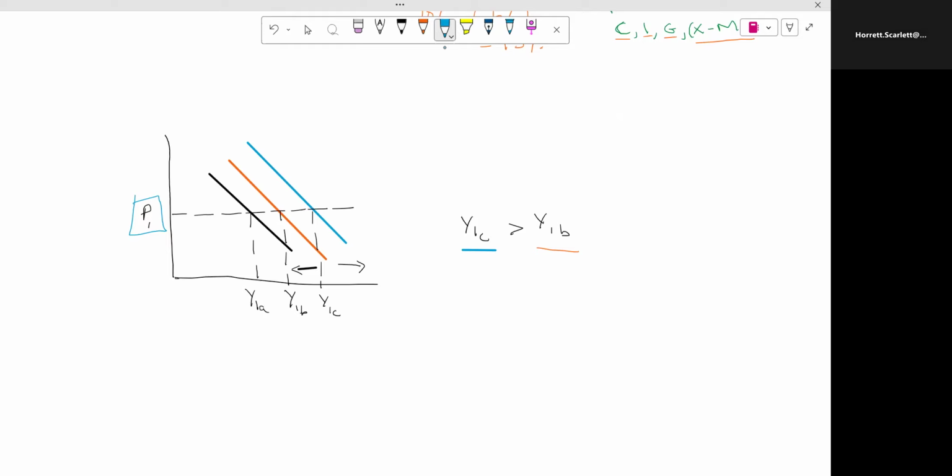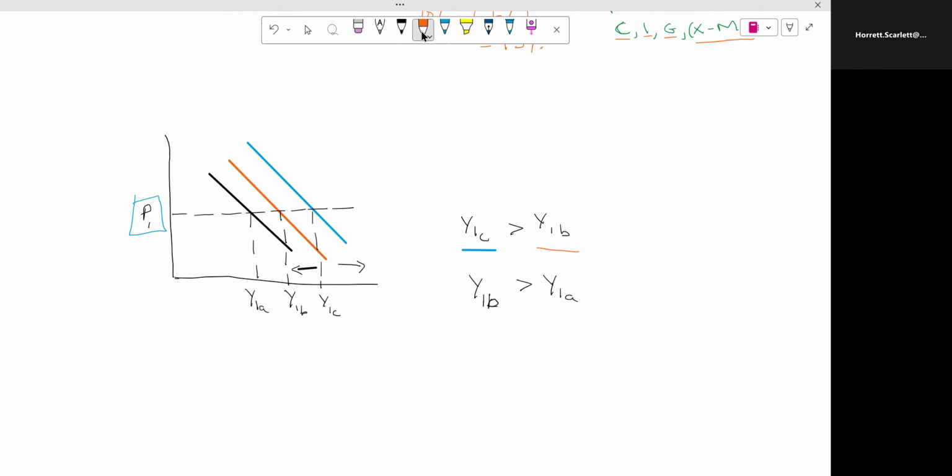And if we compare it the other way, then we are going to see that Y1C, sorry, that should be Y1B, which is our reference point, is actually greater than Y1A.